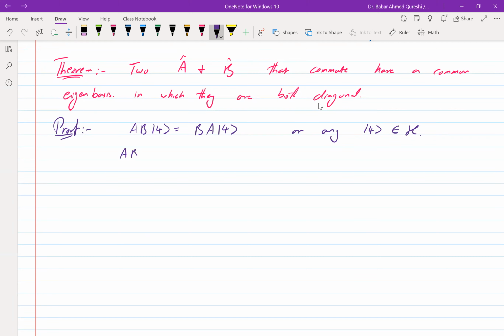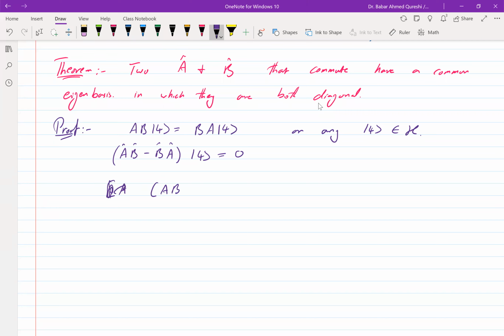People write this way as well, bringing it to this side. And these kinds of statements which are true for all vectors, people just write as an operator relation.